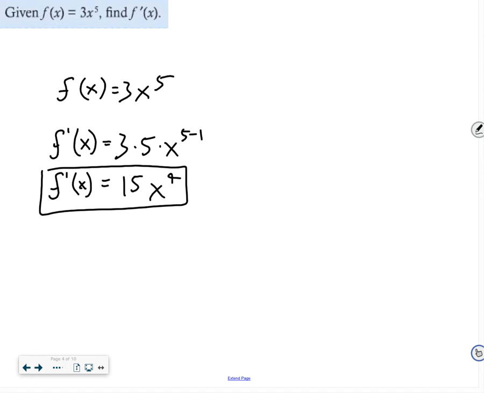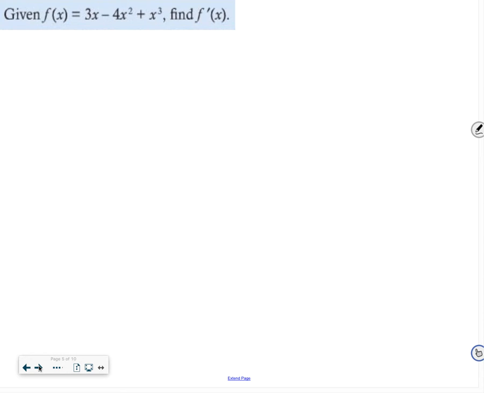Another example here. If we have multiple parts, you just do each part, and those parts are an addition or subtraction. We can do each part separately, one by one. So f of x is equal to 3x minus 4x squared plus x cubed.